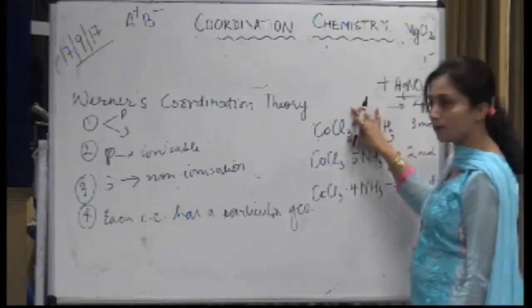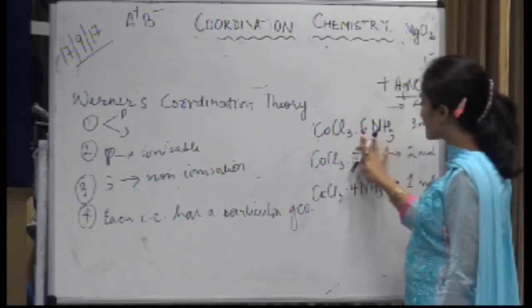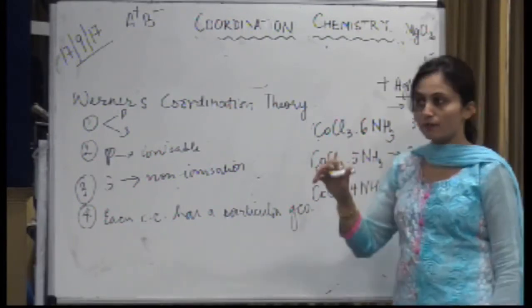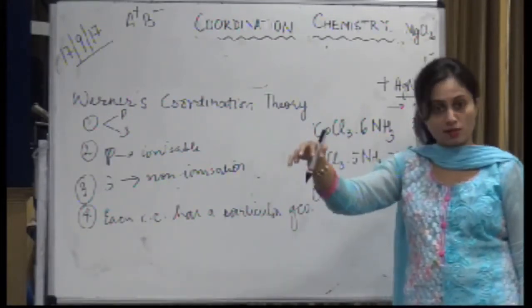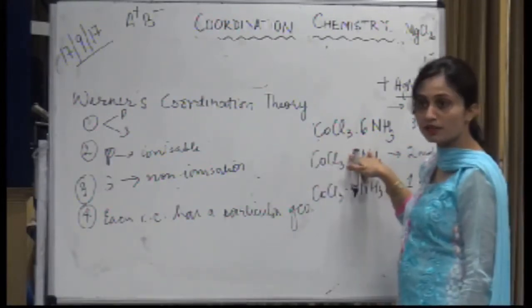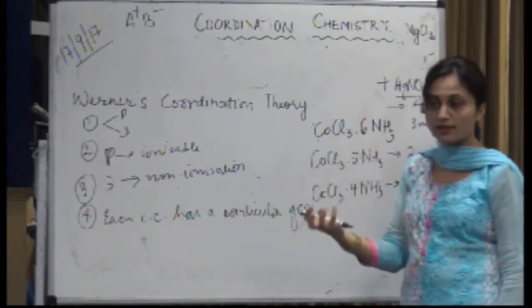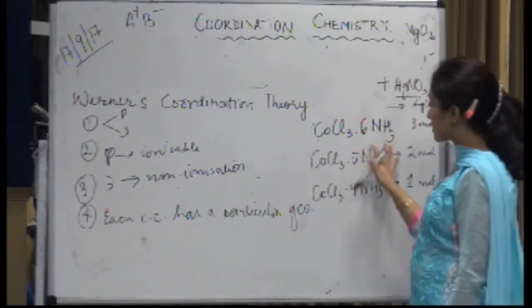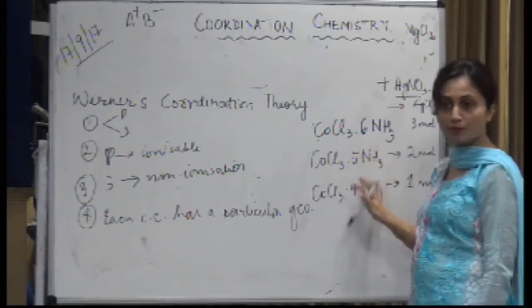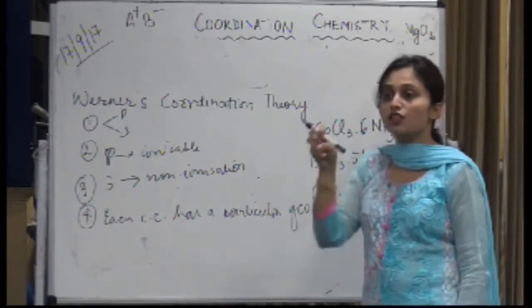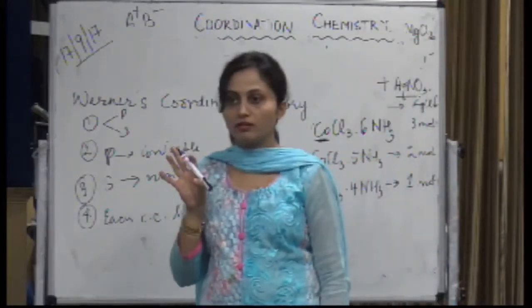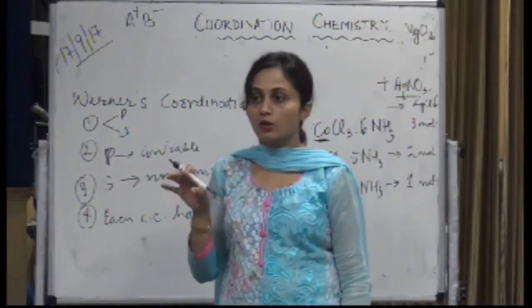He took this compound and altered it. Ammonia is added like water of crystallization is added, so this is a kind of solvent system which is playing a role. He just kept altering the mole ratio of ammonia. What happens is each metal has a fixed coordination number.